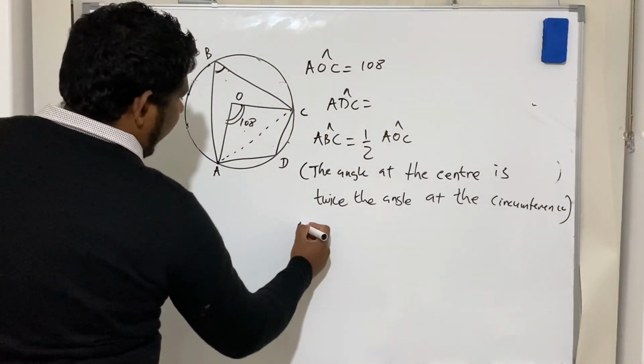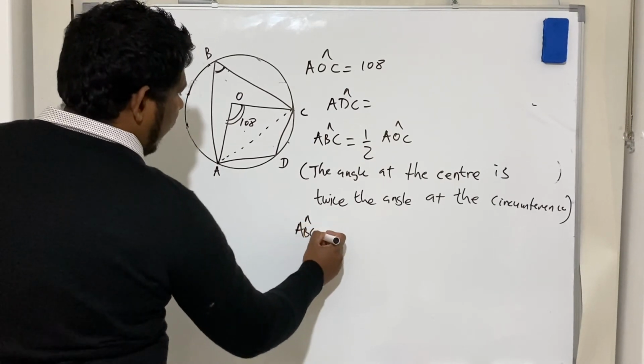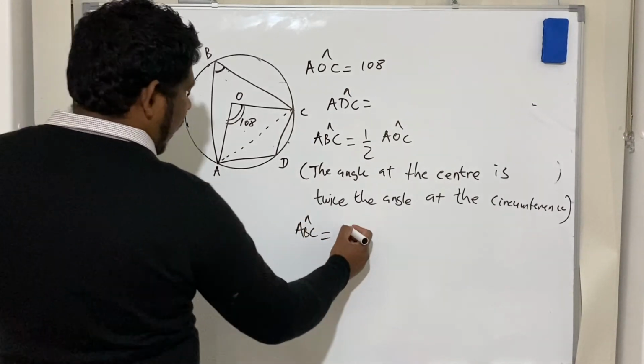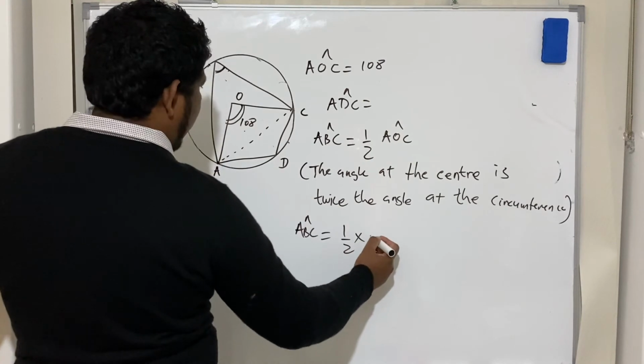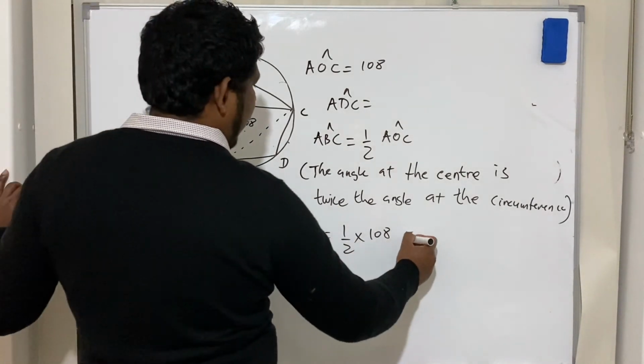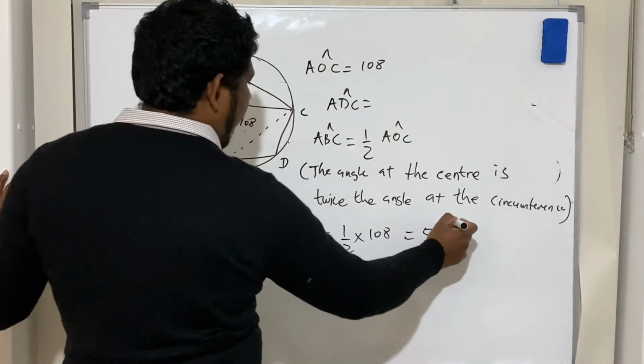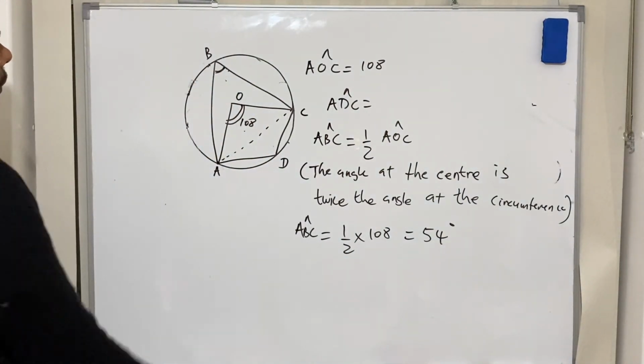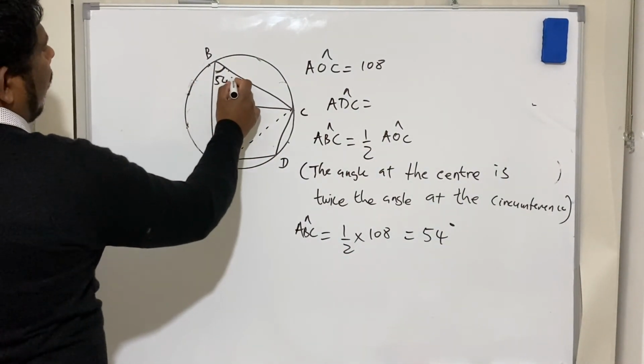So angle ABC is equal to half times 108. So it's going to be 54. So now we find this is 54.